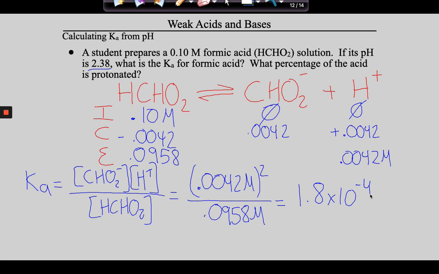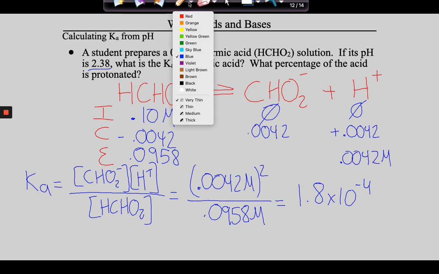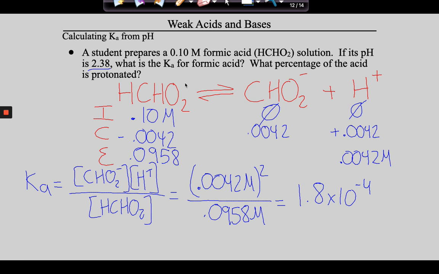Guys, this is not an equation that's on the equation sheet. It's a logical thing that you need to understand. And the logic of it goes like this. The question is, what percent of the acid is protonated? Well, guys, if the answer was 100%, we would lose all 0.10 molar. But what amount of this did we lose? We lost this much.